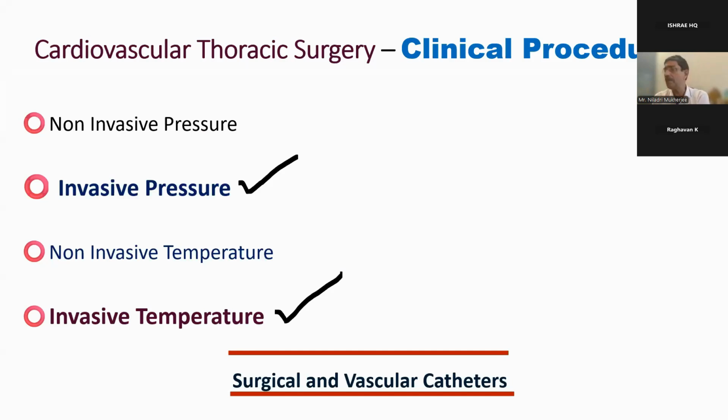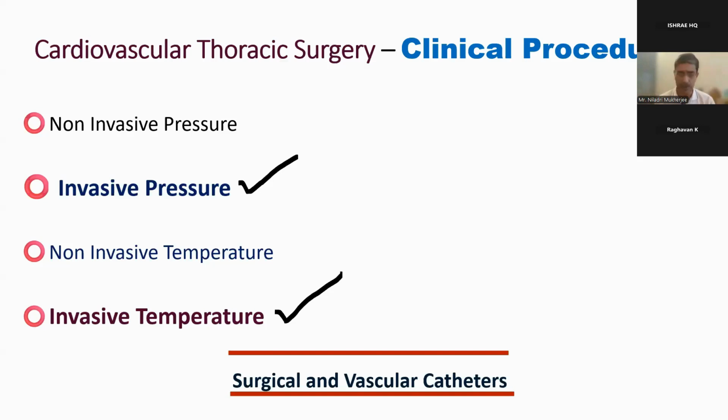Second, same thing, the temperature which we take from outside is a non-invasive temperature. But in case of cardiothoracic surgery, this invasive temperature is very important. There are some methods to take the invasive temperature, but normally surgical and vascular catheters are used in open heart surgery for getting the invasive temperature.